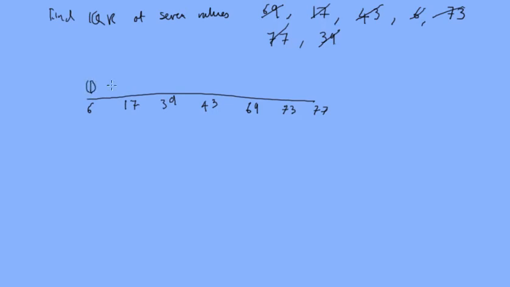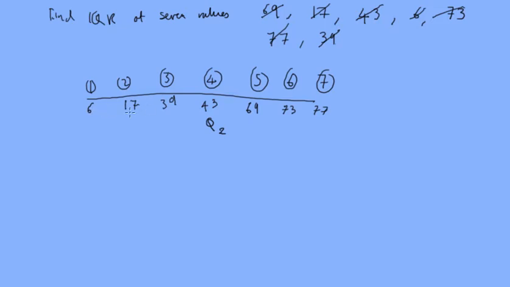So this is our first, second, third, fourth, fifth, sixth, seventh. So this time we've got an odd number. So our central one will be this one here. We've got 3 here, 3 here, and this is our central one. So here is Q2. So we ignore Q2, and then we look for the lower range of values. So we've got 3 here.